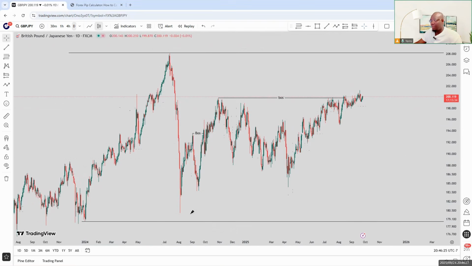So if we are to identify the structure right now, these are the major structures indicated by the red sign, and these are the minor structure. After the market gave us this higher low right here at this major structure, now what do we start to have? We start to have this minor structure, higher low, higher high, higher high.